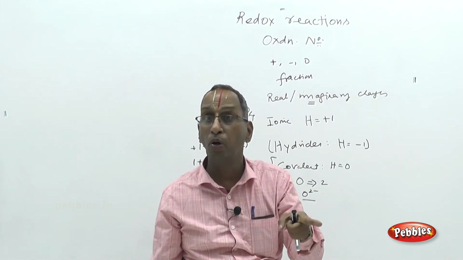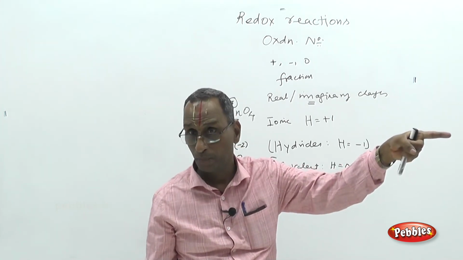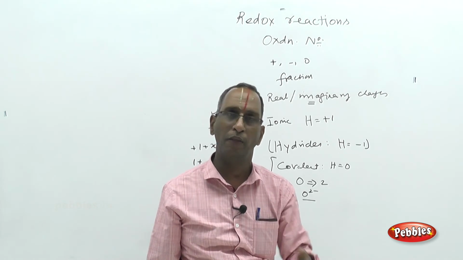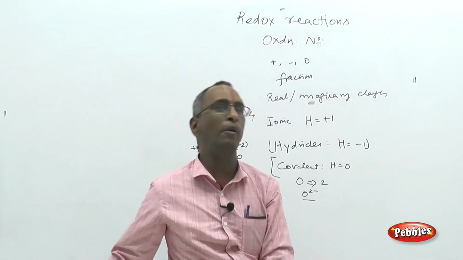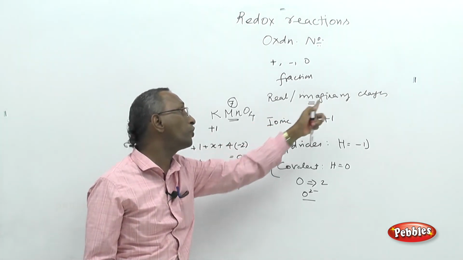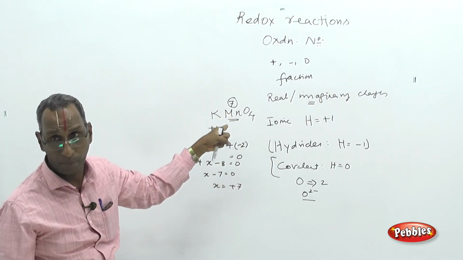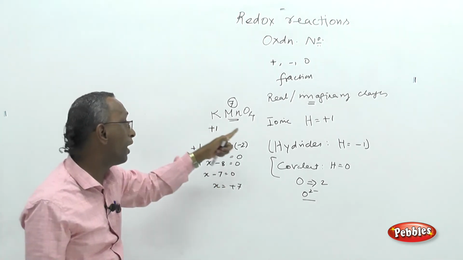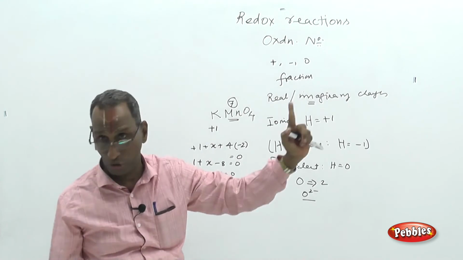So it may not allow the second electron to be lost. For the second electron you will be careful. For the third, you will be extremely careful. So here the charge for manganese is imaginary. Manganese +7 is the oxidation state. That is why it is called imaginary charge.